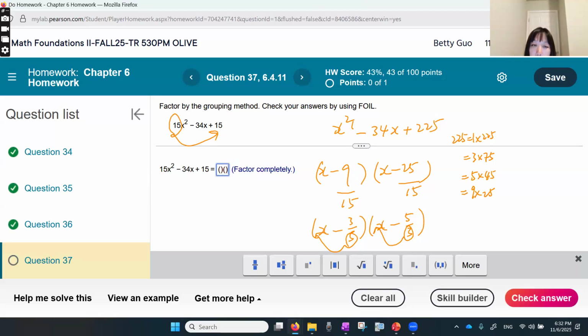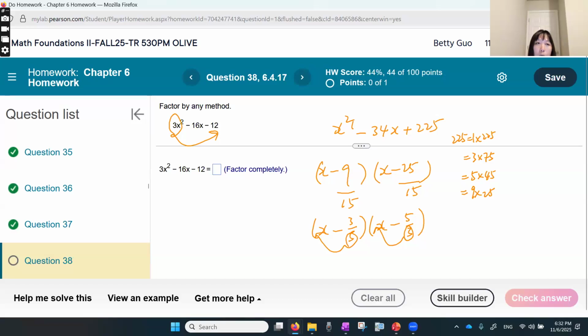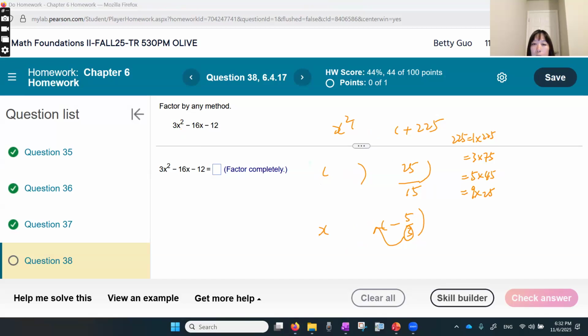Parentheses, 5x minus 3, 3x minus 5, done. You should double check when you have extra time, when you do the homework and when you do the test.